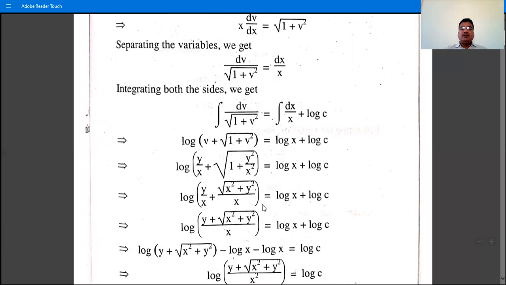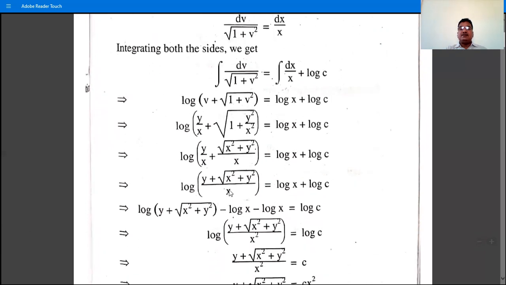And then take x square as LCM. So we have x square plus y square, and after separating the root, we have root x square plus y square divided by root x square, which is x. And then take x as LCM.